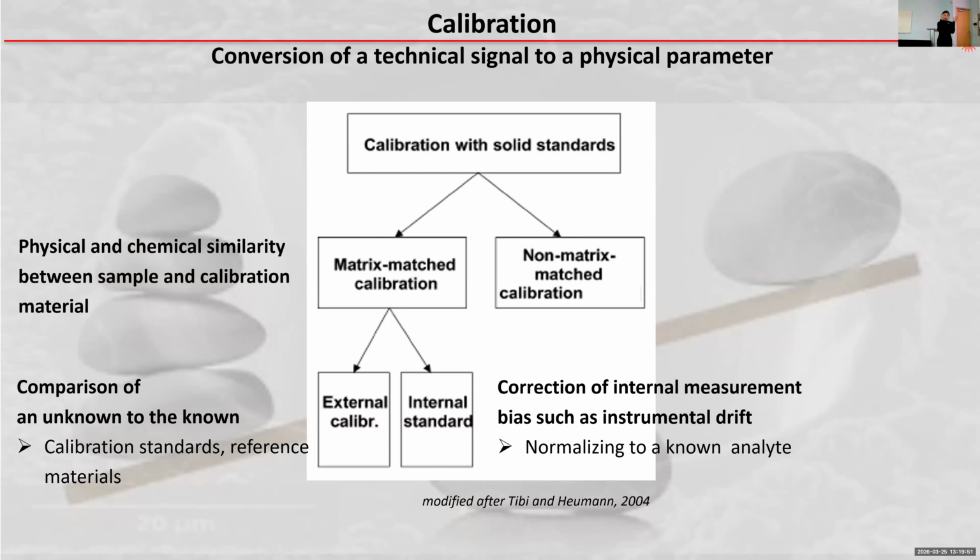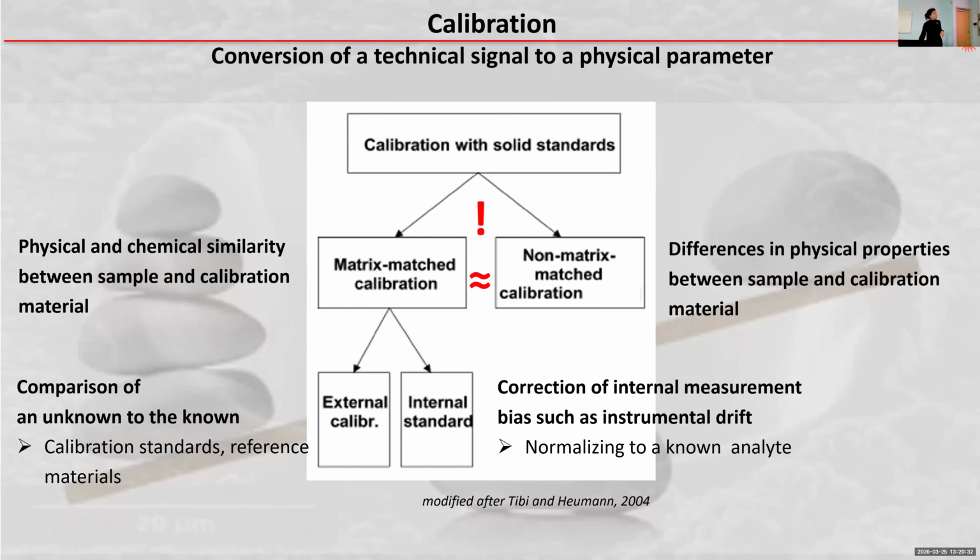Matrix matching means that, in an ideal calibration, you would have a standard or reference material that behaves exactly like your sample. For matrices, that is hardly possible. But for laser ablation, it's especially impossible, because you do not have the option like in solution ICP-MS, where you can spike your standard into the sample solution and then run it and calculate it out, as done with standard addition, isotope dilution or double spiking. With laser ablation, you have a solid sample, and then you have your standard. And that's where the drama, I want to say, begins.